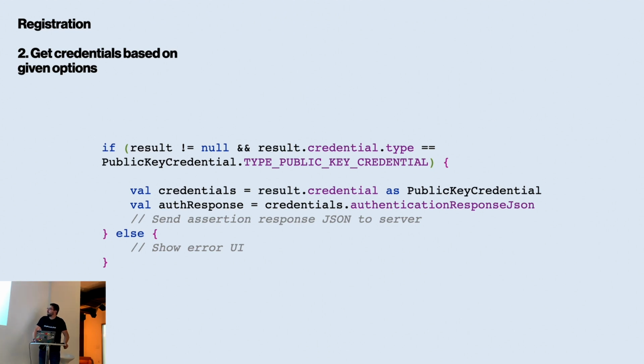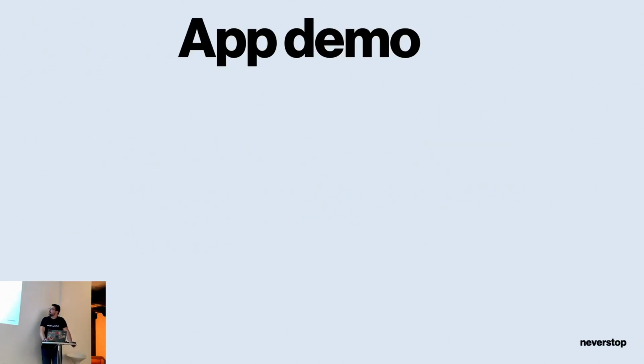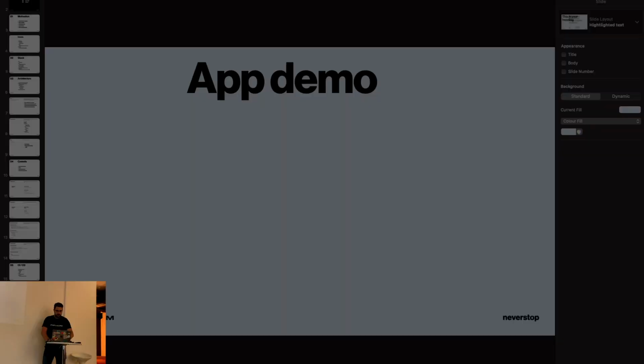You can take that, wrap around the assertion, so the now encrypted challenge with the private key. Take that, send it over to the server, and then have the server do their thing, and that's going to be it. All right. There is an app demo of this.